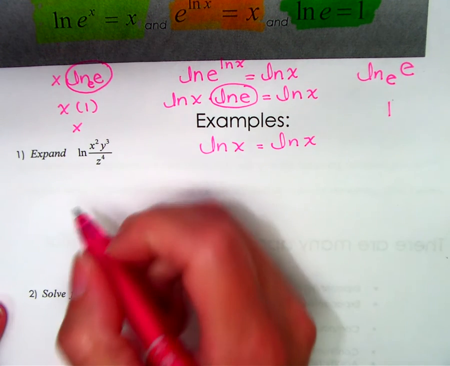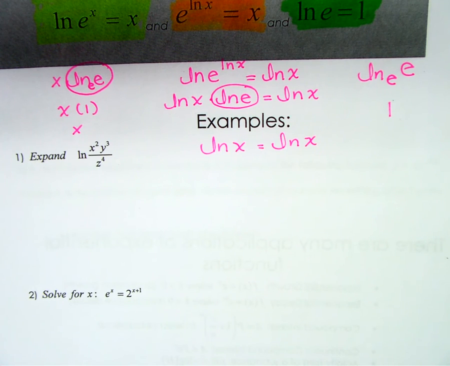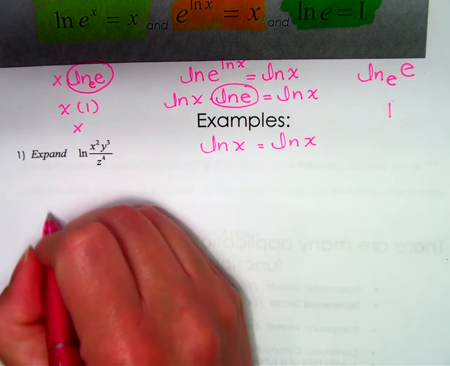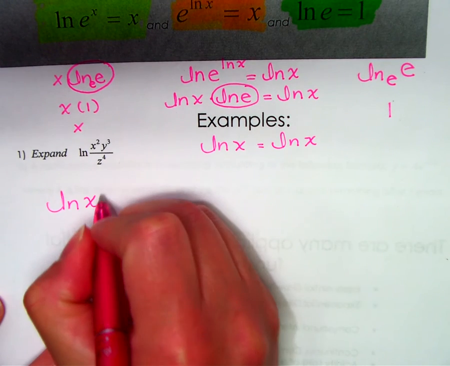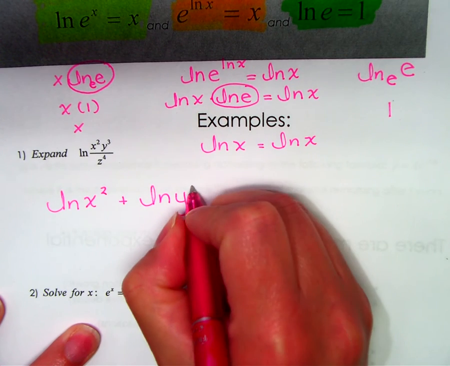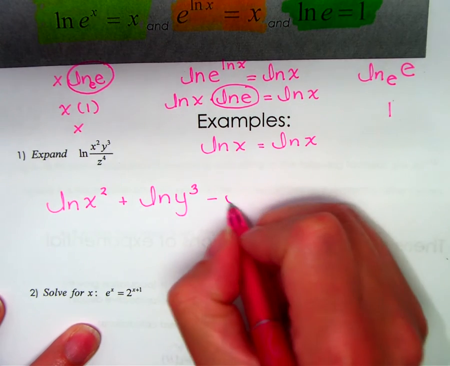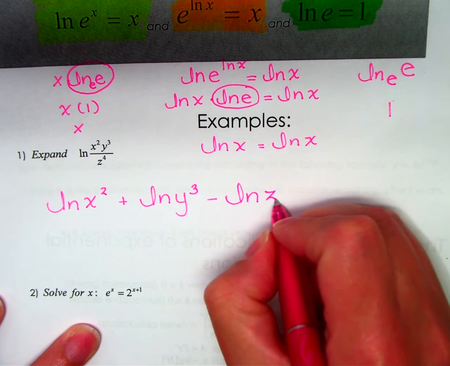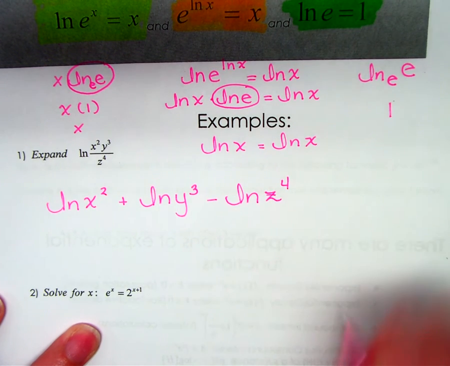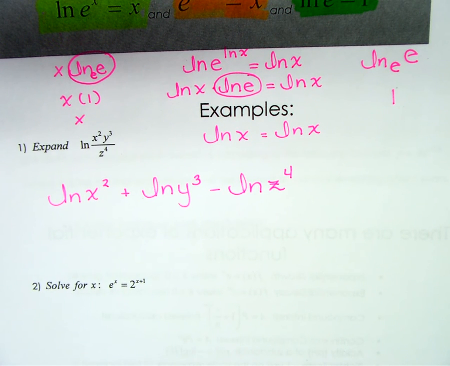Okay, so when the arguments are multiplied, what do we do when we expand it? Add. And when we divide, subtract. And remember that we can only do these laws when they all have the same base. What is the base of a natural log?